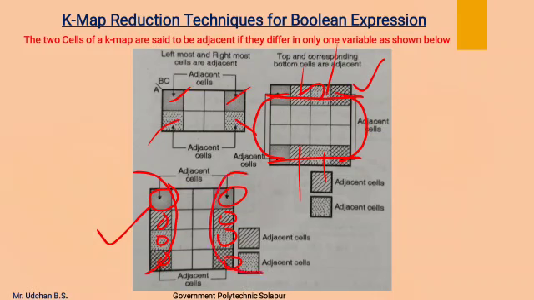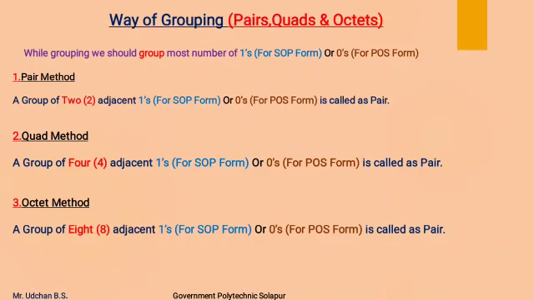This is how we have to identify and observe the adjacent cells in a given Kmap, by which we can group or apply the Kmap reduction techniques to minimize the given equation.